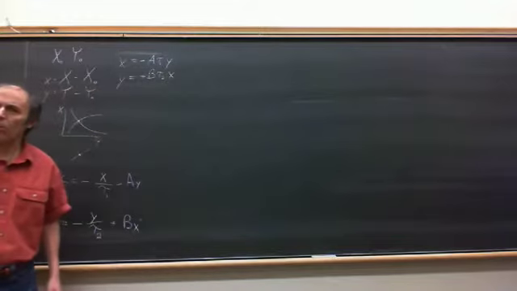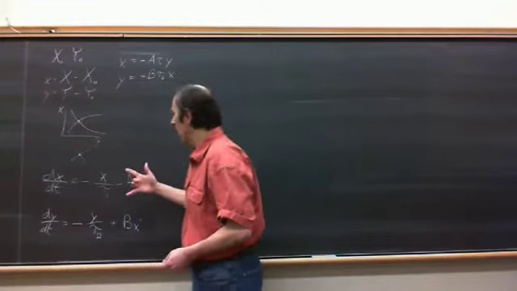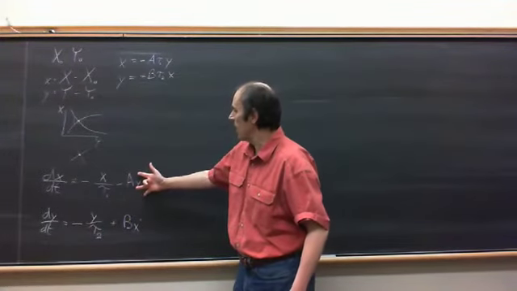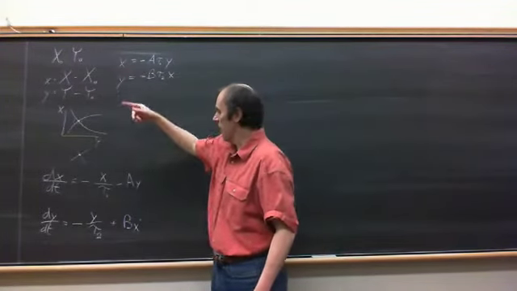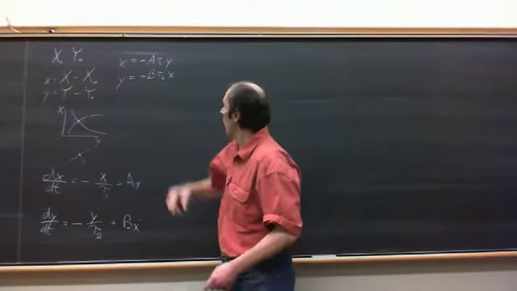And it's kind of important to get the causality right. This is really our equation describing x, and that's why we solved this one for x in terms of y. This is really our equation describing y, so we solve it for y.